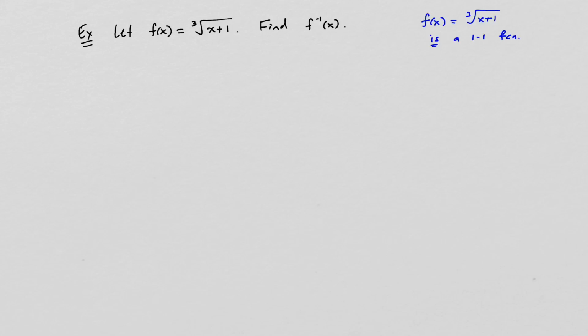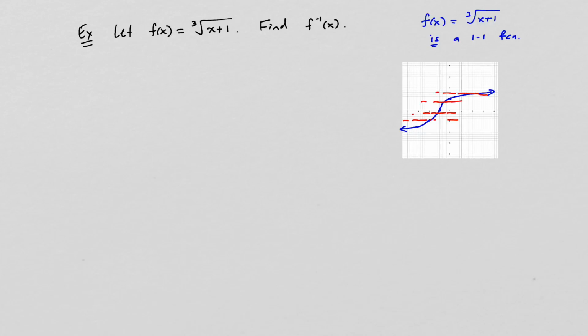In fact, I'll even graph it for you to show you what it looks like. Here is a rough sketch of what the function cube root of x plus 1 looks like. You can see that if you draw horizontal lines, they are only going to hit that graph one time. So it is a one-to-one function.